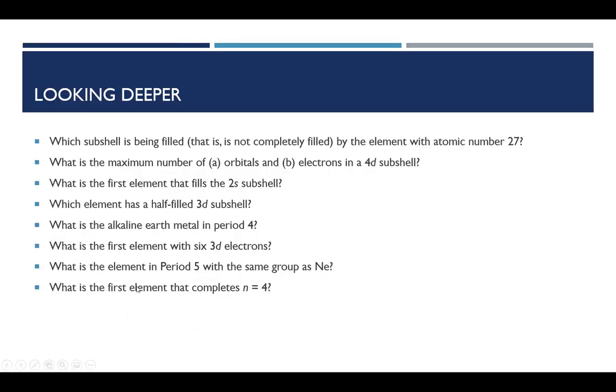And finally, what is the first element that completes n equals 4? Okay, that's a bit tough. So we know n equals 1, we need 1s. To fill n equals 2, we need what? 2s and 2p. For n equals 3, you have to fill 3s, 3p, 3d. And then for n equals 4, you have to fill 4s, 4p, 4d, and 4f.